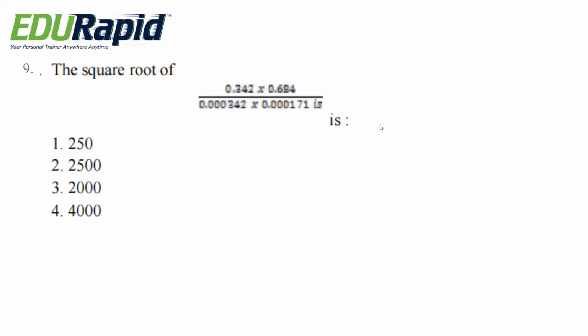Next question: the square root of 0.342 into 0.684 divided by 0.000342 into 0.000171 is what? Options are 250, 2500, 2400.